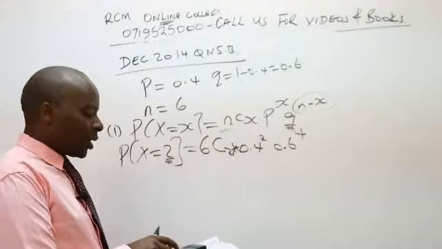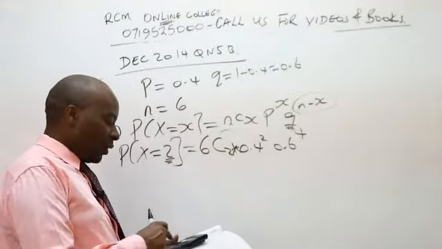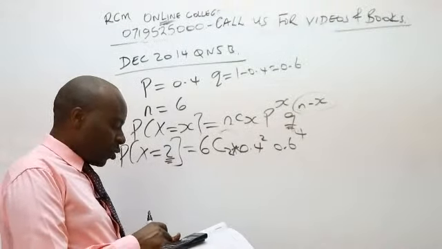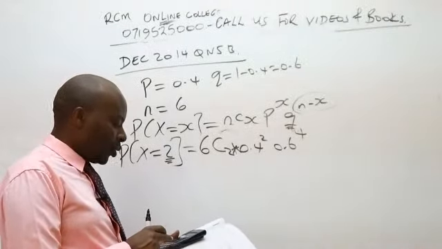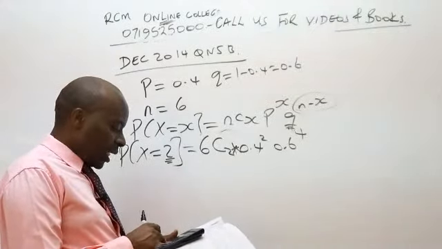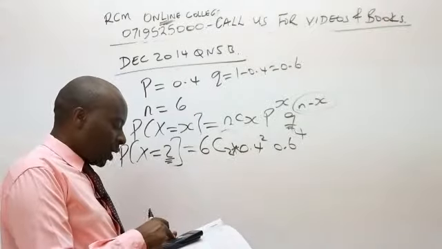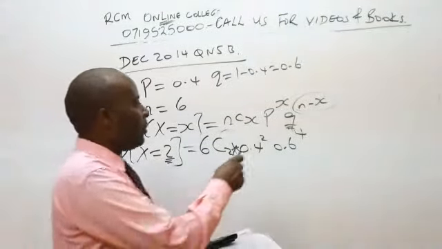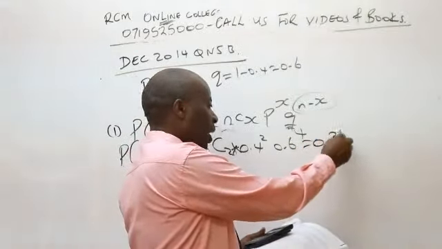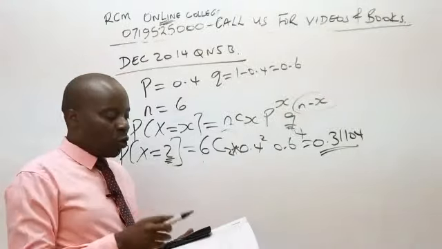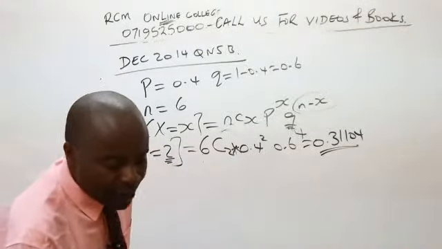So we have 6 combinations 2 times 0.4 raised to power 2 times 0.6 raised to power 4. This at the end of the day gives me 0.31104. That is the answer. So Roman 2, we are done with it.